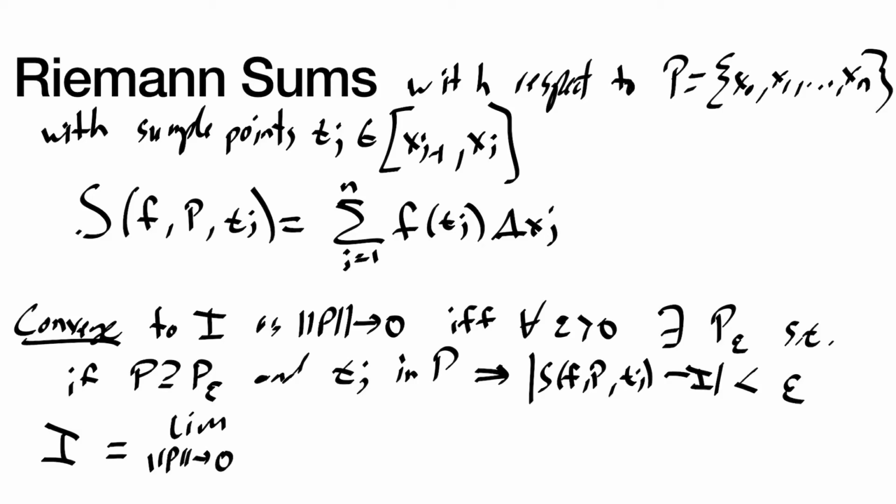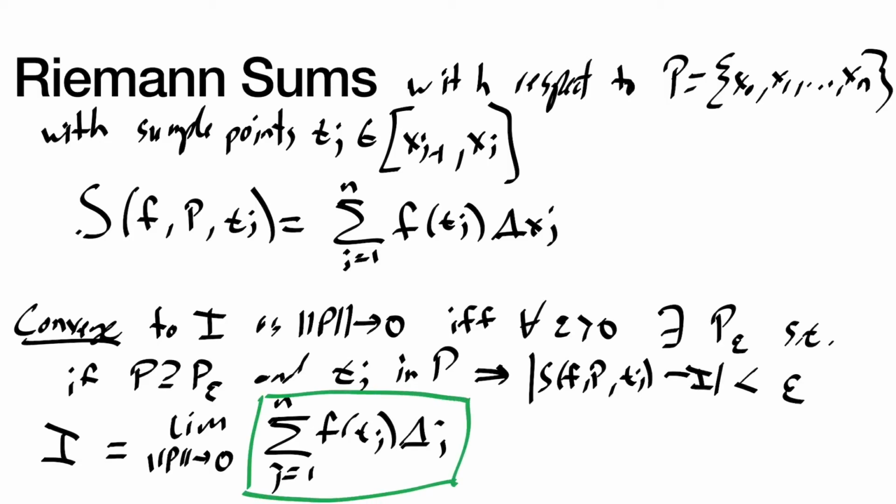Then that I, we use the notation, this is the book's notation, is the limit as the norm of P goes to 0 of the sum as J goes from 1 to N of F of Tj delta J. Okay, so again, I hope this is making sense, that this sum notation looks like stuff that you did back in calculus class.